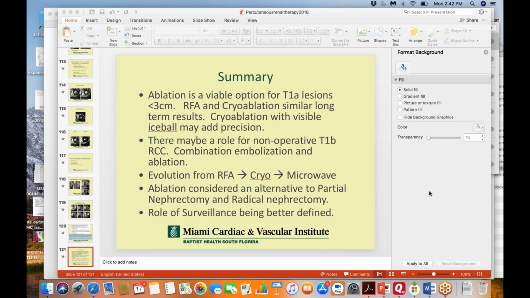I think that's a really good question. I think it can go either way, and it really depends on the patient. So we may see a renal mass that I think is pretty clear cut that it's going to be a lesion that I'm going to treat. I may perform the biopsy at the time of therapy.